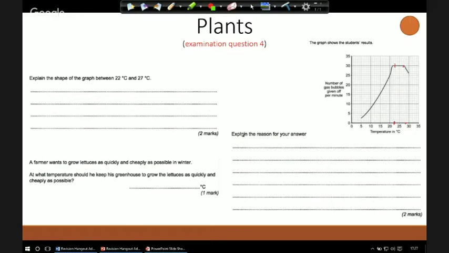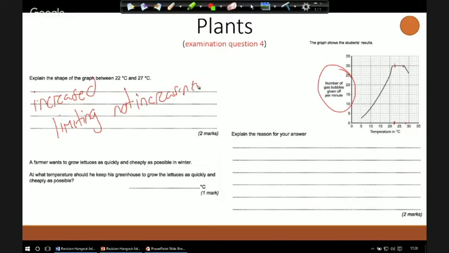Well, the shape at this point is that it isn't actually changing. So our graph initially increased, but at this point, something is limiting the ability for photosynthesis to occur. So it's not increasing.